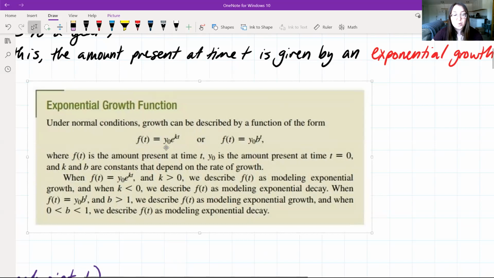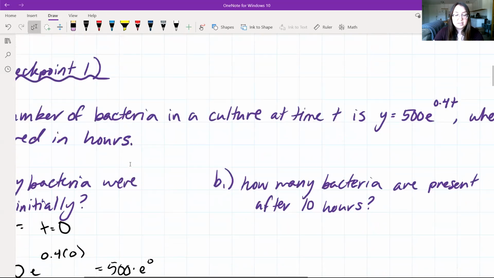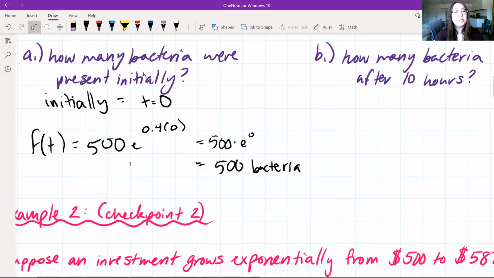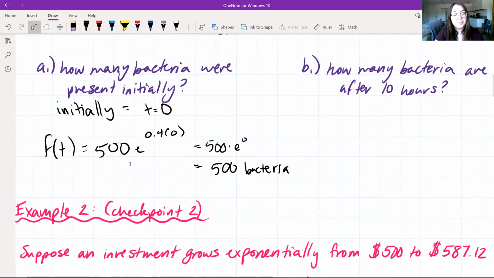So in our case, this y naught will be 500, and our k is going to be 0.4. And since k is positive, this is going to be an exponentially growing problem. So this is exponential growth since k is positive, and we know our y naught is 500, which we could calculate either way.